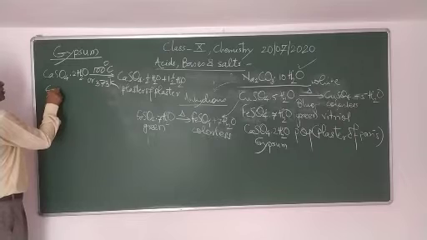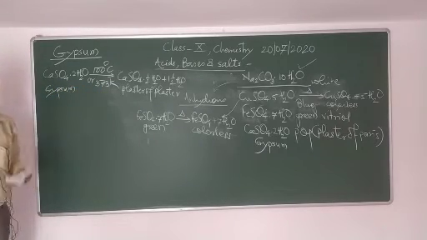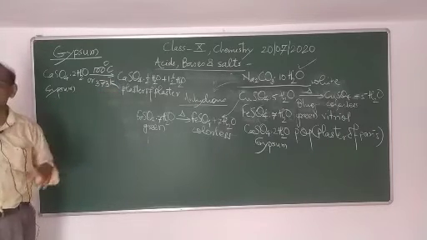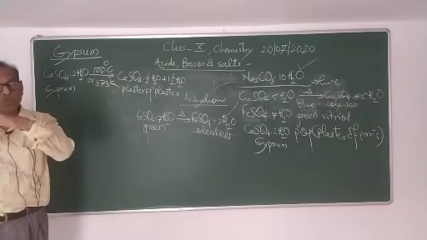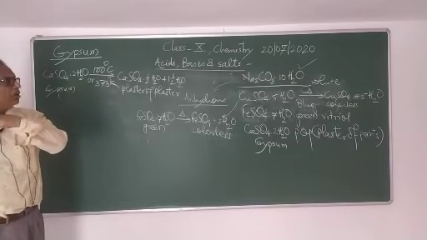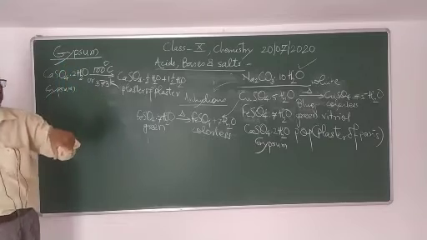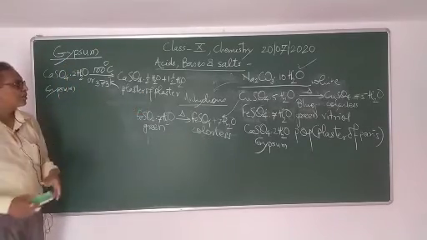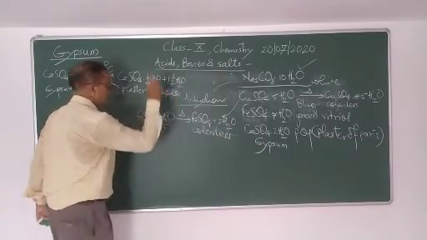Now why is it called plaster of Paris? This compound has got the name plaster of Paris because a large number of deposits occur around the Paris city. So there are a large number of deposits of gypsum around the Paris city, and therefore it is called plaster of Paris.